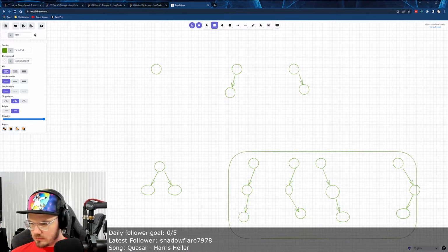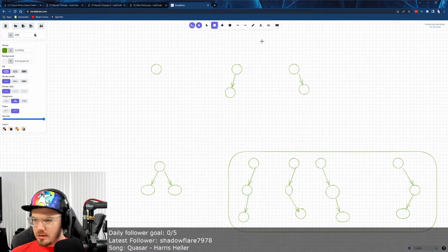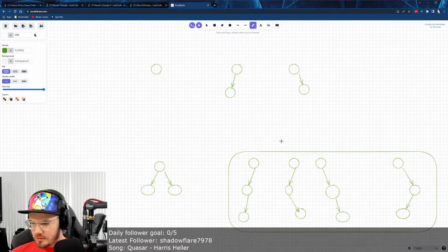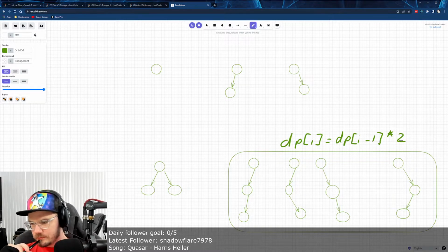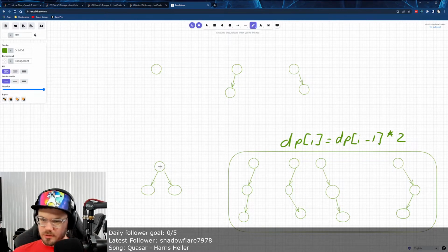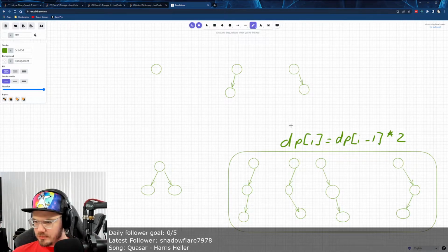So let's put a box around this, and this right here can be represented as dp of I equals dp of I minus 1 times 2. But then this part, this is make the new node the root.